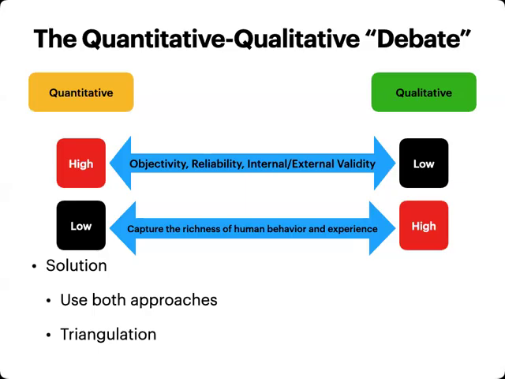Many researchers from both camps now agree that the two approaches can and should be combined into what has come to be called mixed methods research. In fact, the studies by Lindqvist and colleagues and by Abrams and Curran both combined qualitative and quantitative approaches.